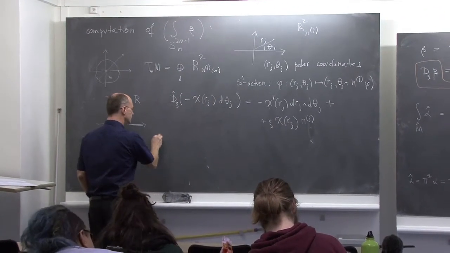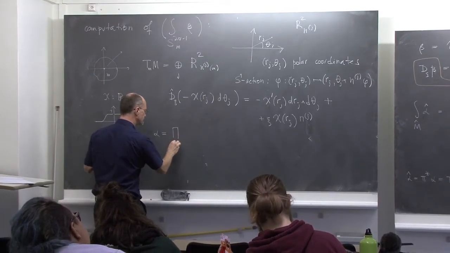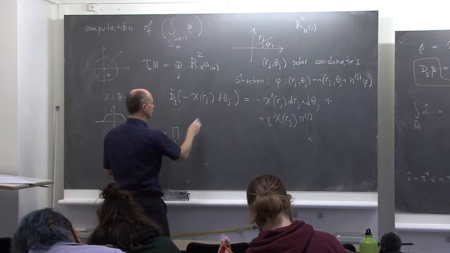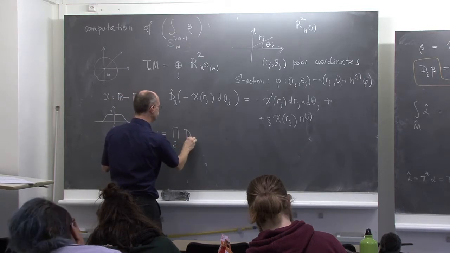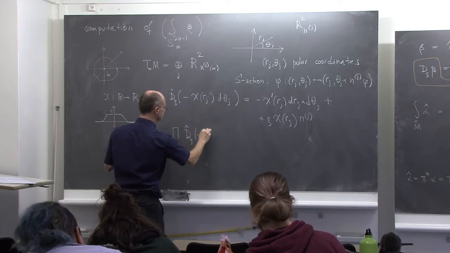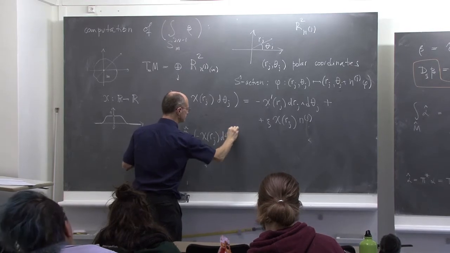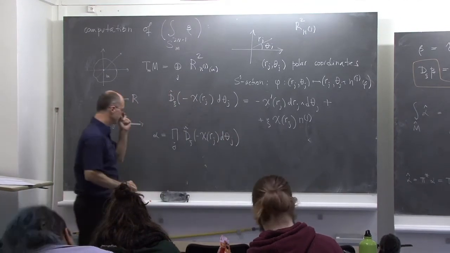And now I define alpha to be a product over j of these forms.